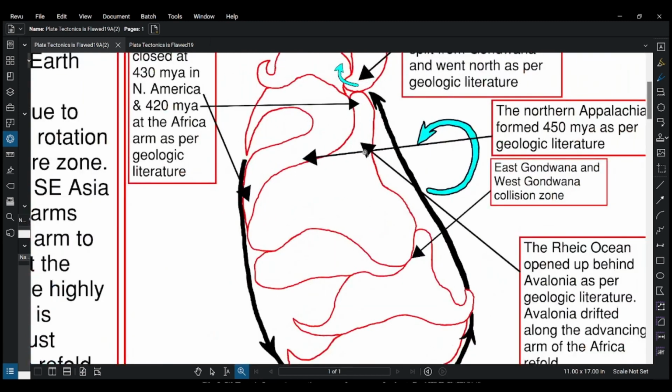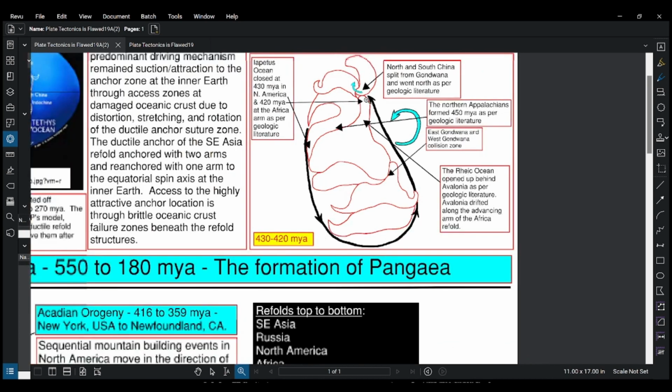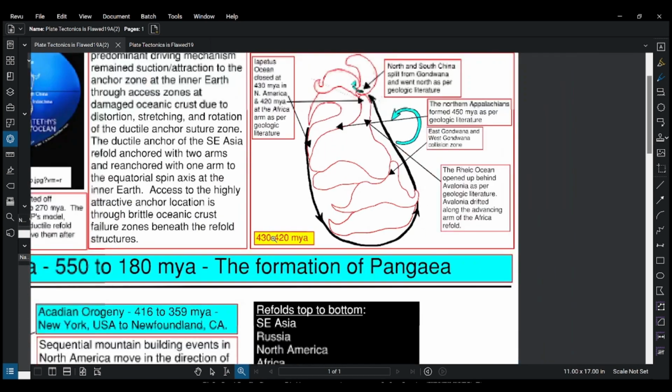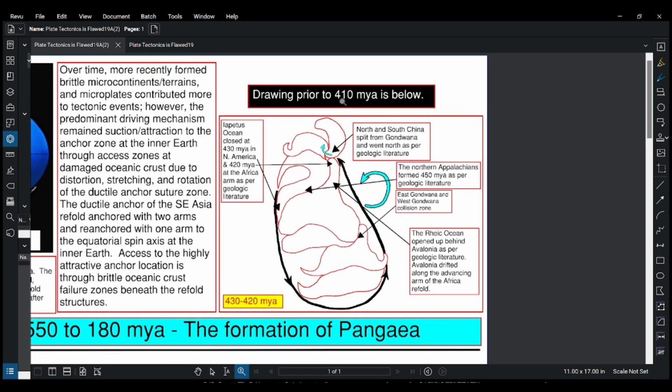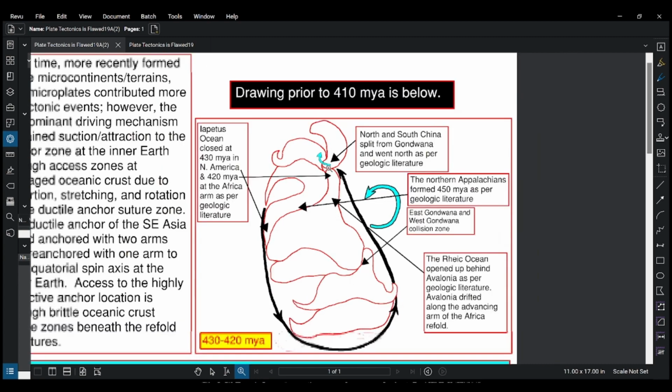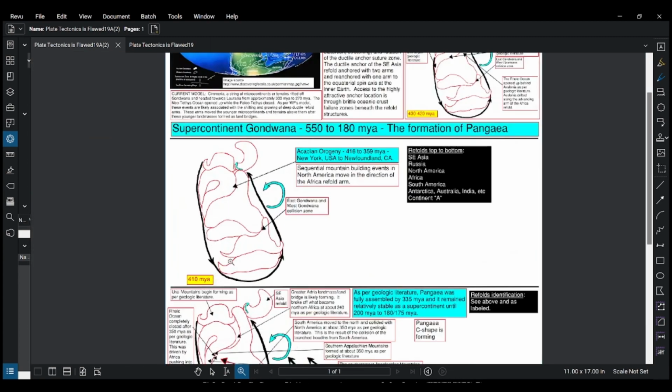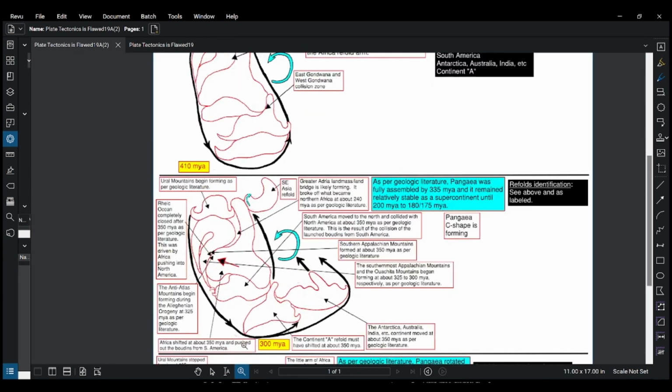See this arm? That's going to try to find that weak spot, and it's already at 430 million years ago. This cycle started around 550, 540. So just prior to 410 million years ago, which is what I'm featuring here, is when more important things happen. I'm showing.